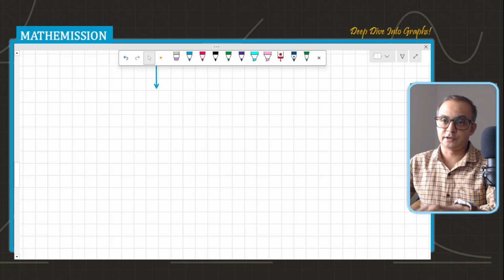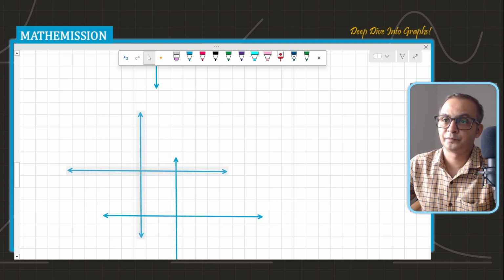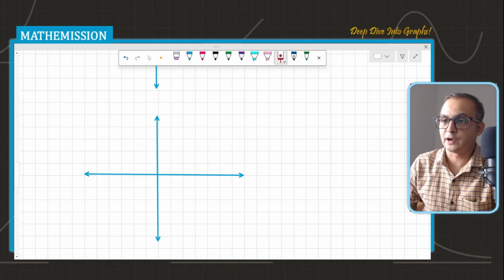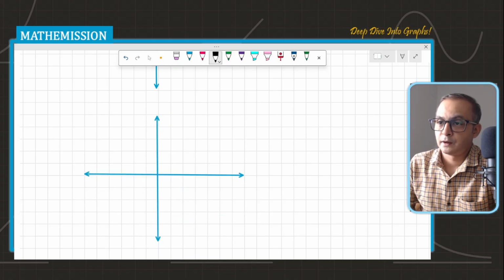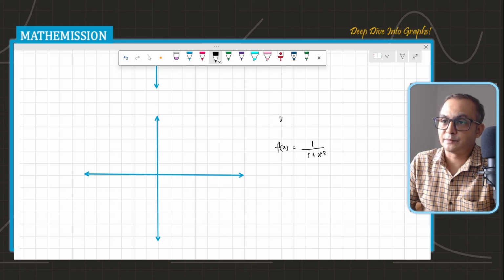So again, I'm taking the axis and I have this axis here, and I want to draw the graph of 1 by 1 plus x squared. And for that, I'm taking the help from 1 plus x squared.